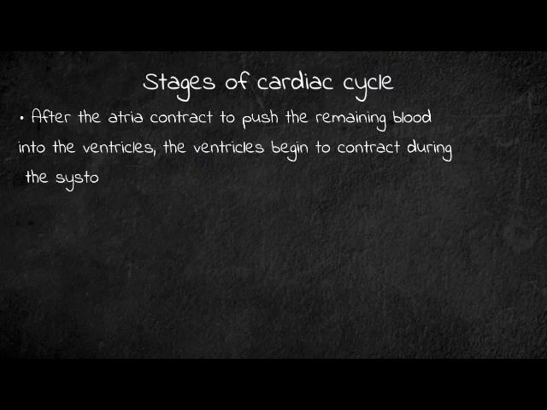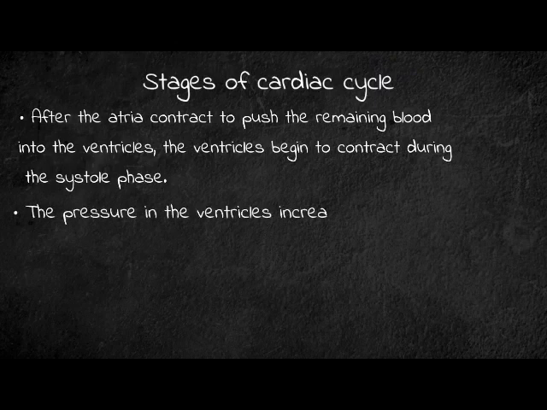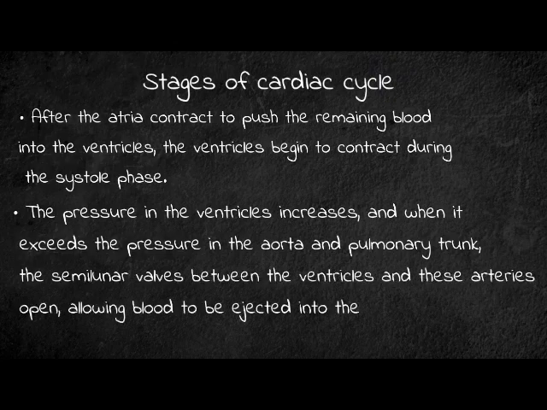In the next step, the atria contract to push the remaining blood into the ventricles, and the ventricles begin to contract during the systole phase. So in the first phase, the ventricles were in diastole, and now they are in systole to contract.